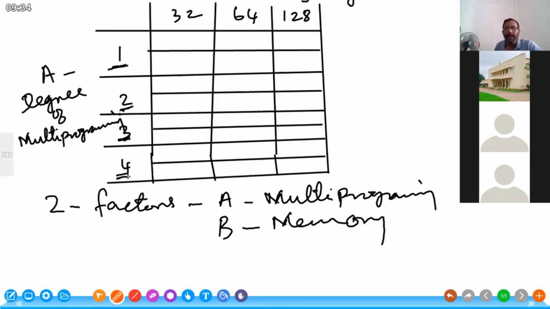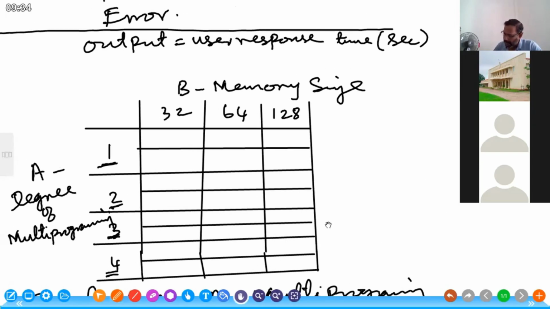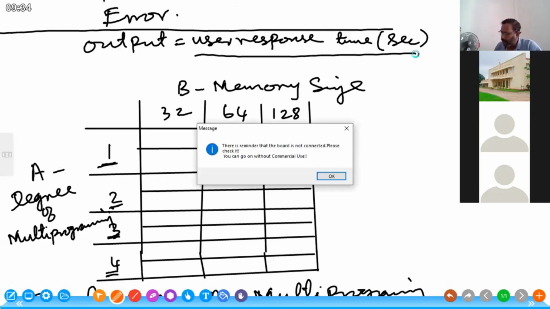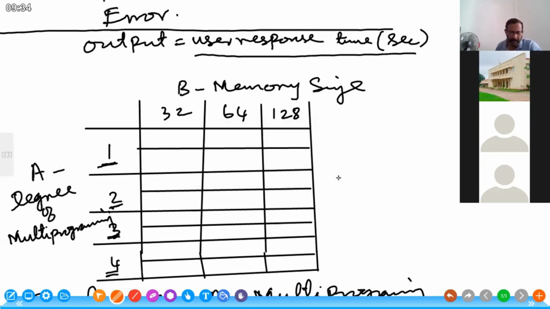The output is measured as the time in seconds taken to give the output, for example when you run a program in SAS or SPSS.